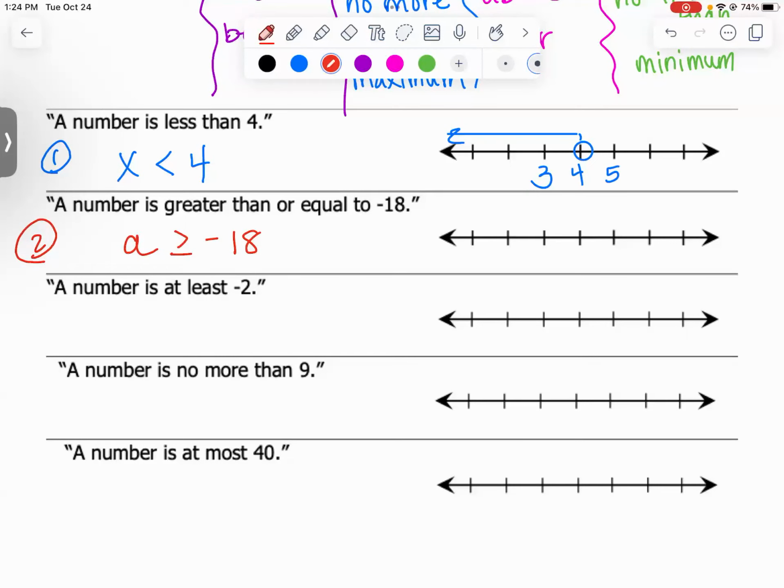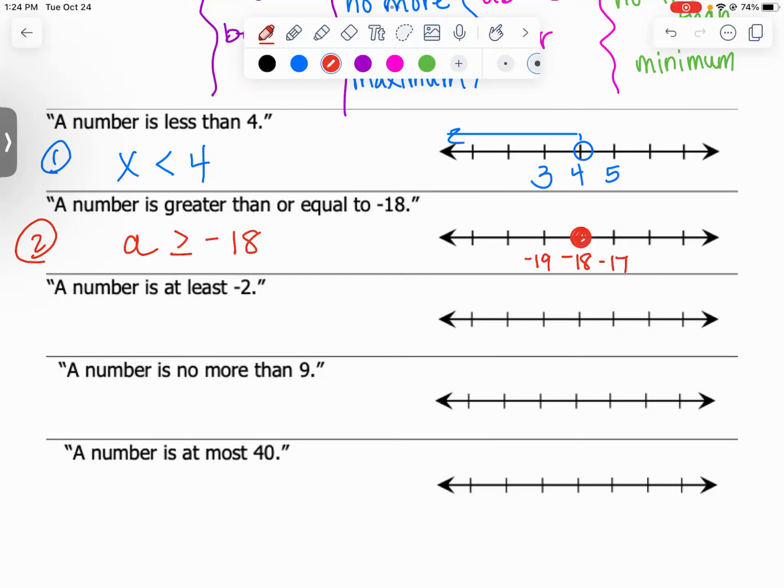Now, if I'm going to put negative 18 on the number line, please think real hard. What number is going to go right here on the left? Good job. And what about right here? Okay. Already have that done. Good. All right, Peyton, close your open circle at negative 18.